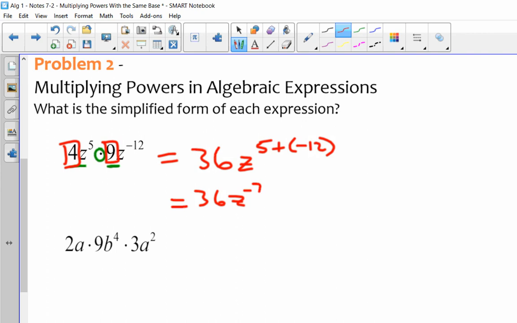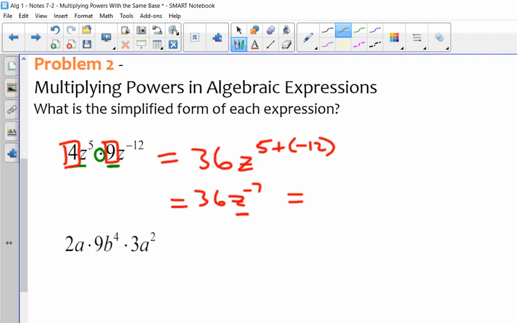Now I'm going to expand this just for a second. I can't have negative exponents. So typically, as we move on, we're going to make you fix that. You can't have a negative exponent. So what I'm going to do is move it, okay? And that negative 7 only deals with the z. It's not dealing with the 36 now, okay?